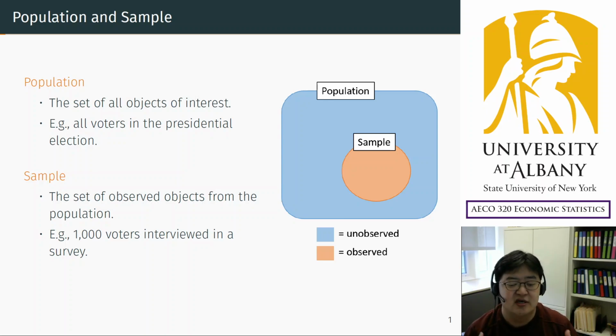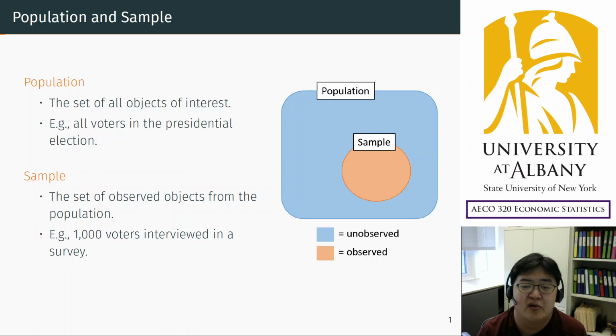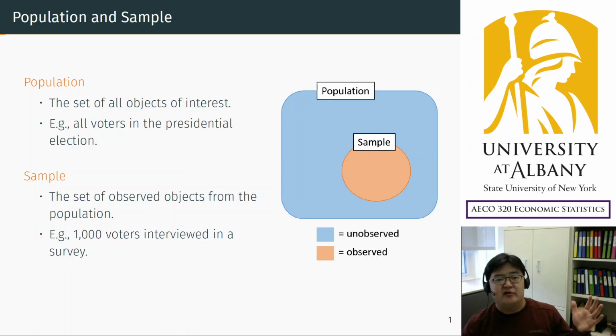If all the voters' political stances are known, then you can exactly compute the percentage of votes for each candidate. By the way, the population is just everything you need. So if you know that, there is no statistics needed. It's just a matter of computation, right?